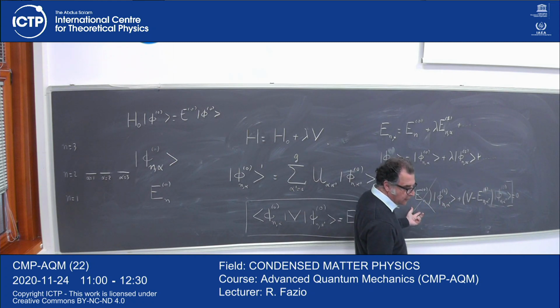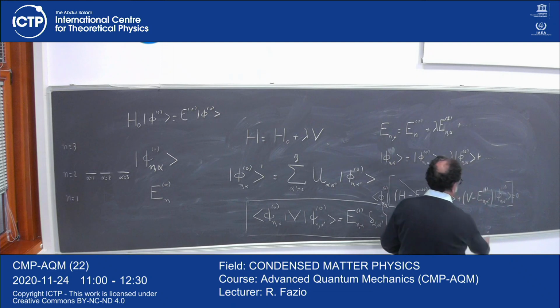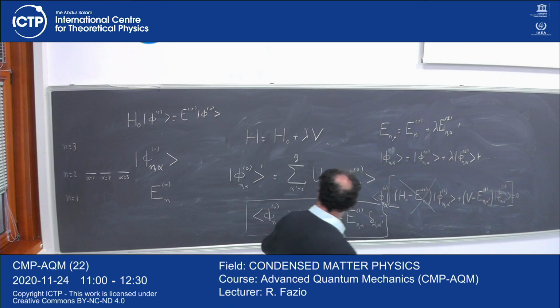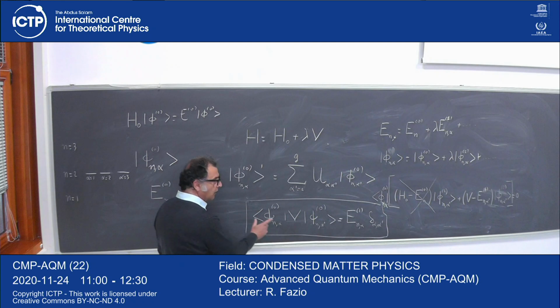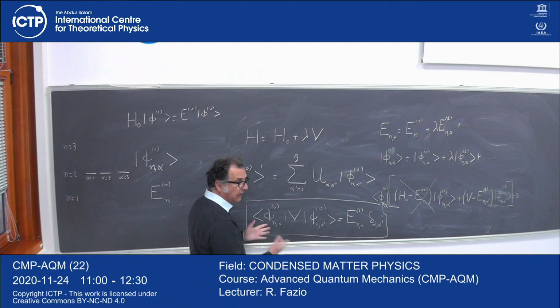So basically, the choice that I have to make in order to determine E1 is to look for a solution of this being 0 that I rewrote here. What is the meaning of this? I just have to take the matrix elements of the perturbation in the basis phi 0, and I diagonalize.